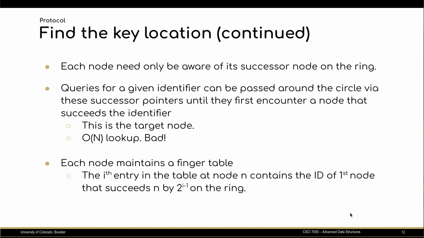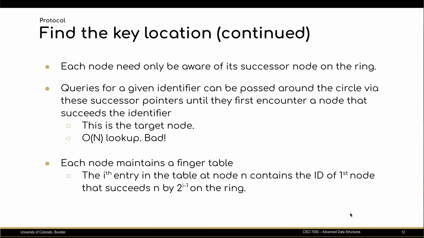The ith entry in the table contains the ID of the first node that succeeds n by 2^(i-1). So every node n maintains a finger table, and the ith entry in the finger table is basically the first node that succeeds n by 2^(i-1). That means n + 2^(i-1).